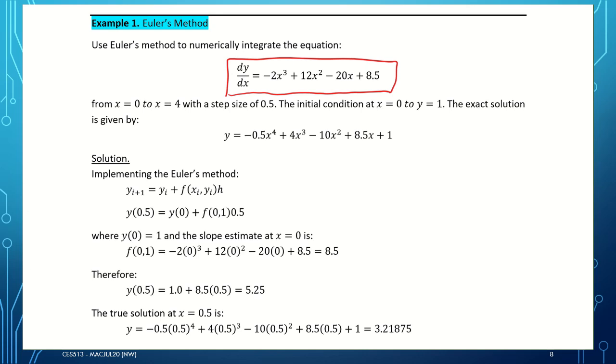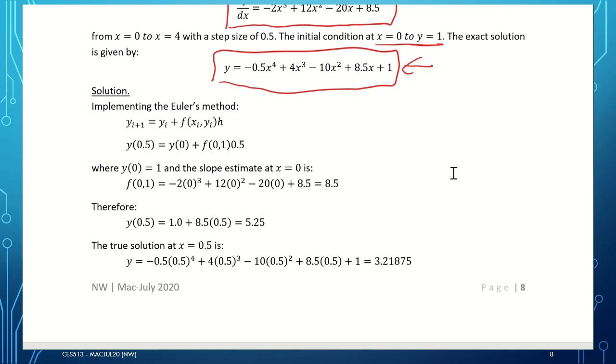It is actually the same equation from before, from x equals 0 to x equals 4 with a step of 0.5. It is very important to know the initial condition, which is x equals 0 and y equals 1. The exact solution is given by this equation, so you need to compare the exact solution and the numerical integration.